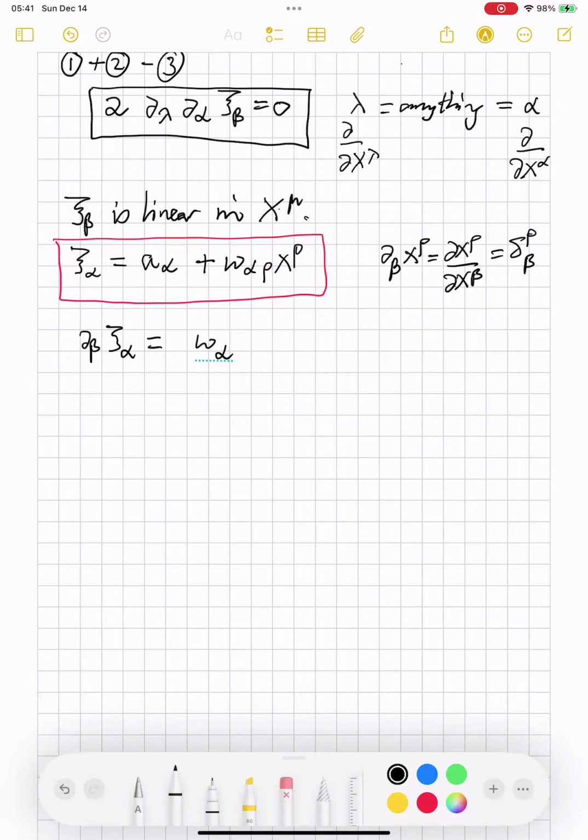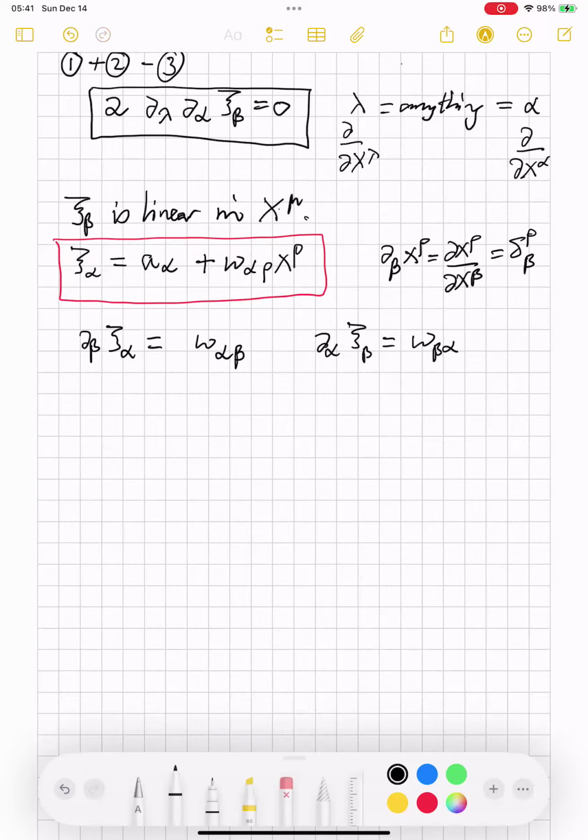So it'll set the rho on the omega equal to beta. So d beta zeta alpha is just omega alpha beta. And then obviously, just by relabeling indices, d alpha zeta beta will be equal to omega beta alpha.